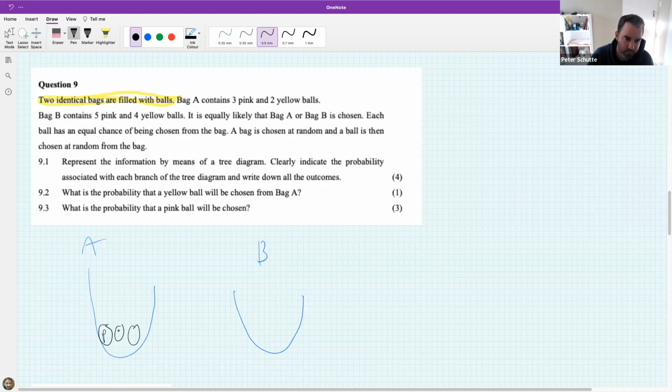So P for pink. And 2 yellow balls. Bag B contains 5 pink and 4 yellow.